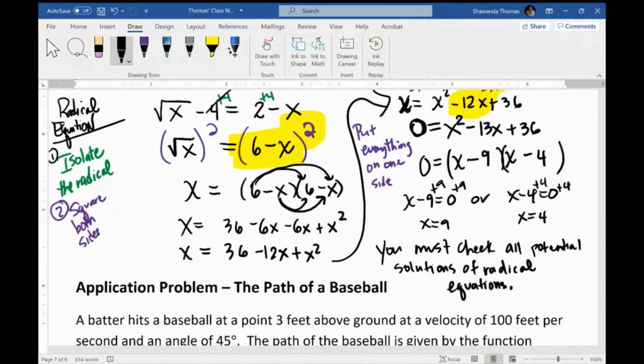I'm going to go to the whiteboard and we're going to check x equals 9. We're going to plug 9 into the original equation to see if the left-hand side equals the right-hand side. Y'all might have to tell me what the equation is.